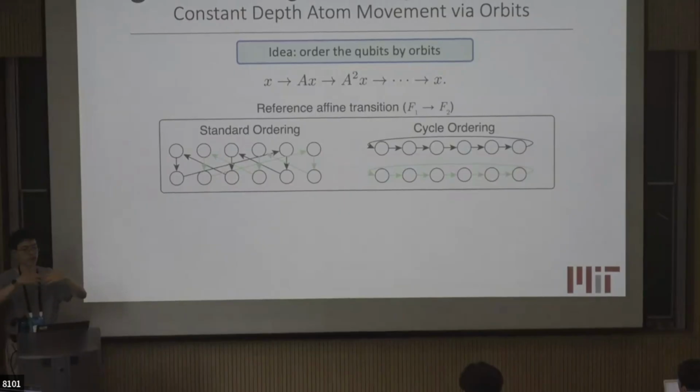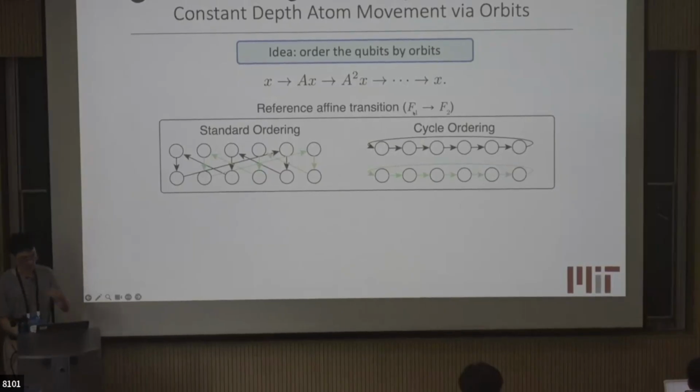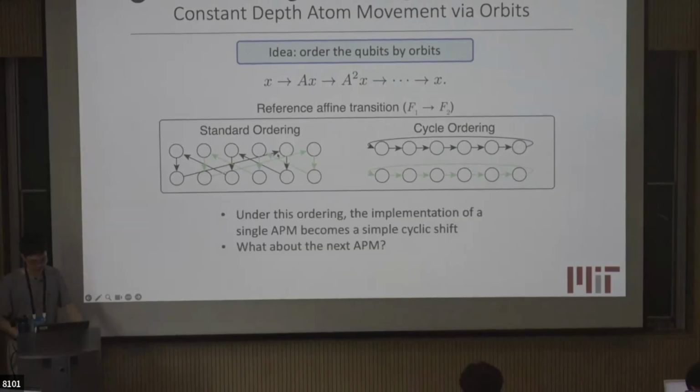So essentially, you take the action of this affine permutation matrix, you're choosing a good basis such that now the implementation breaks down into individual cycles. Just to illustrate this, if we look at the transition matrix in a cycle ordering, you have this very nice cyclic structure, whereas in the standard ordering, it would look a lot more arbitrary and complex.